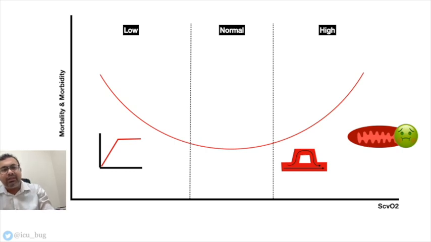In both these scenarios, your central venous oxygen saturation is going to be higher than normal. However, that does not mean the patient is not dysoxic. So, in order to understand this, we have to look at other parameters also. So, the cautionary tale is that central venous oxygen saturation should not be used in isolation as a resuscitation target.